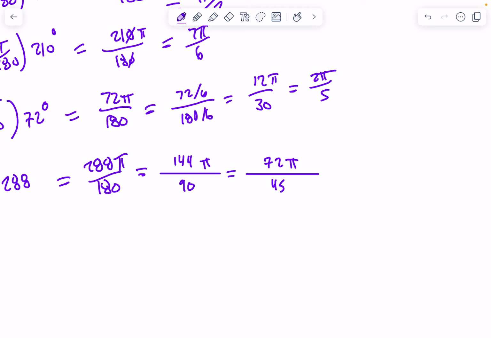Okay. And now can I divide that by 2 again? No, I can't divide that by 2. It won't work out. But I can divide the top and the bottom by 9, right? So this becomes 8 pi over 5.